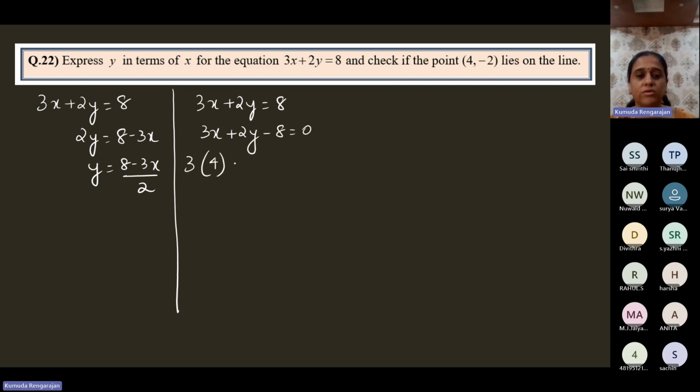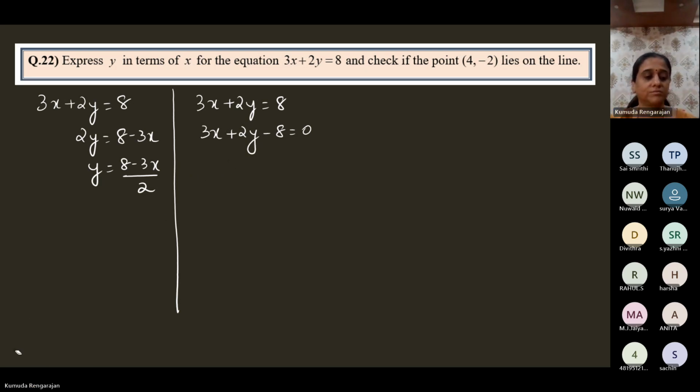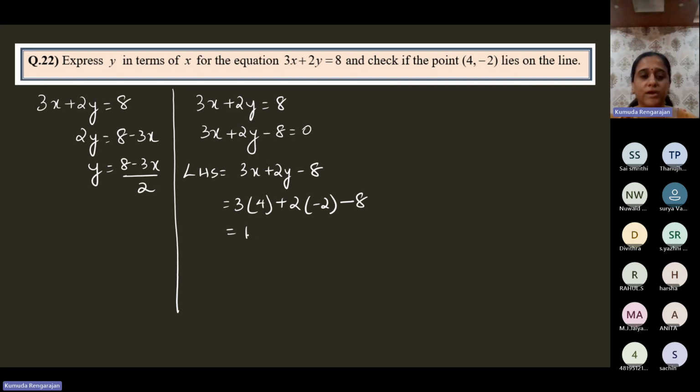Now when x is 4, the left hand side of this equation is 3x plus 2y minus 8. X is 4 and y is minus 2. So 12 minus 4 minus 8.